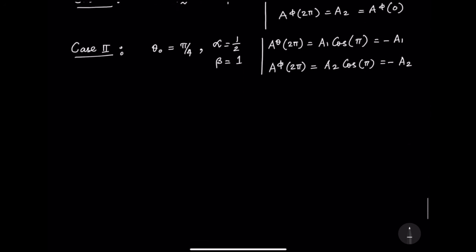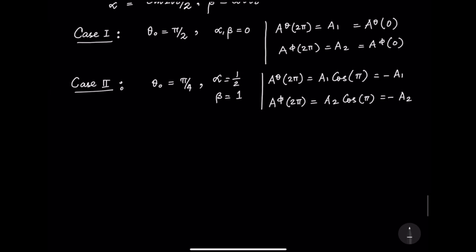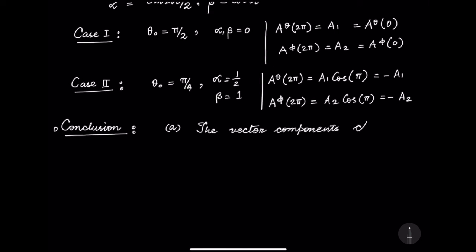So what have we learned? What is the conclusion? We see first the vector components change during the parallel transport.